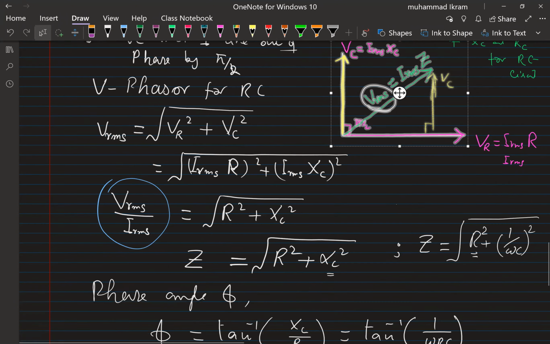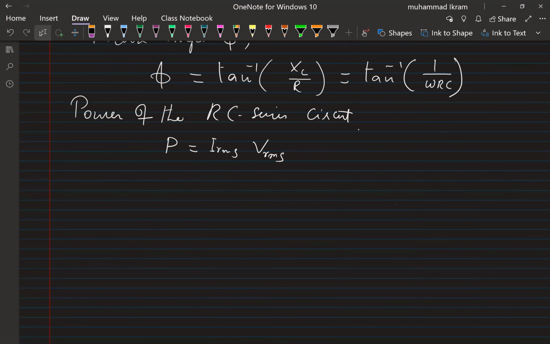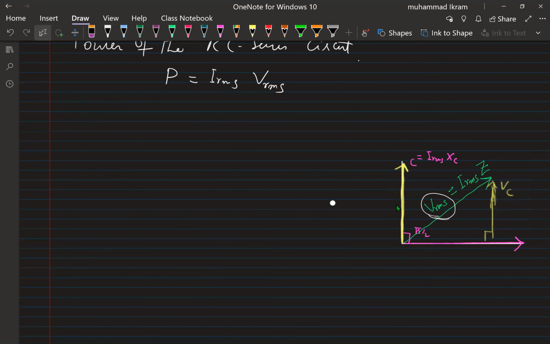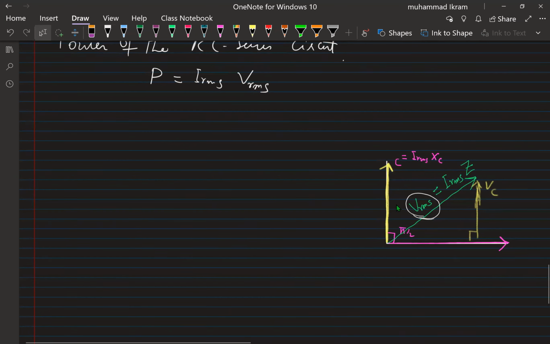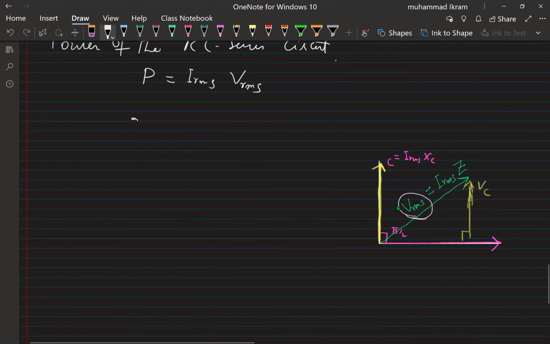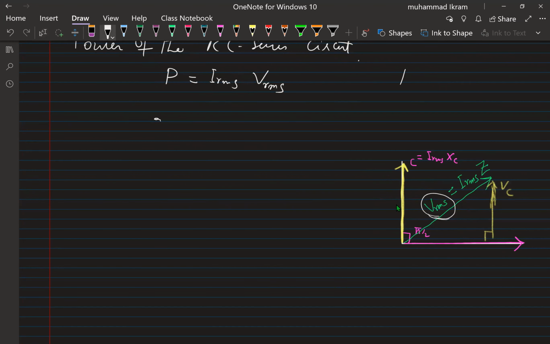Look, in order to take the power, for power I and V must be in phase.